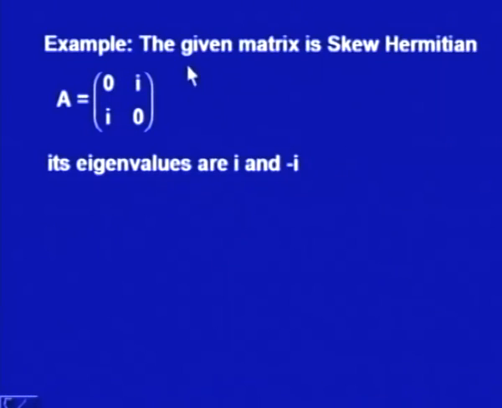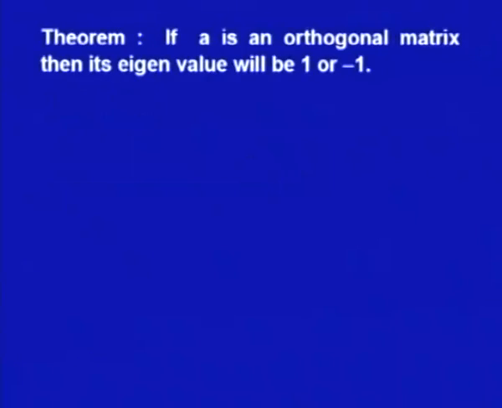Let us check this. In this example, the given matrix is skew-Hermitian, its eigenvalues are i and minus i. Therefore, this skew-Hermitian matrix A has pure imaginary eigenvalues. Now, we were talking about skew-Hermitian and Hermitian matrices and their eigenvalues.